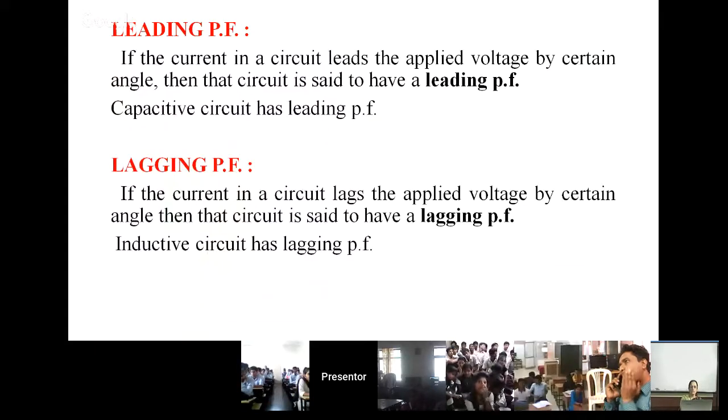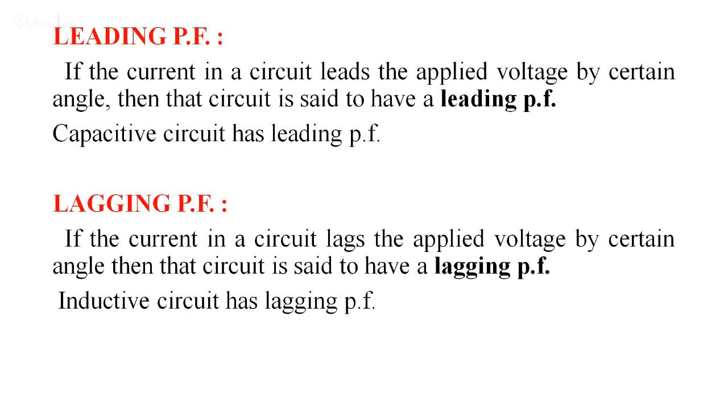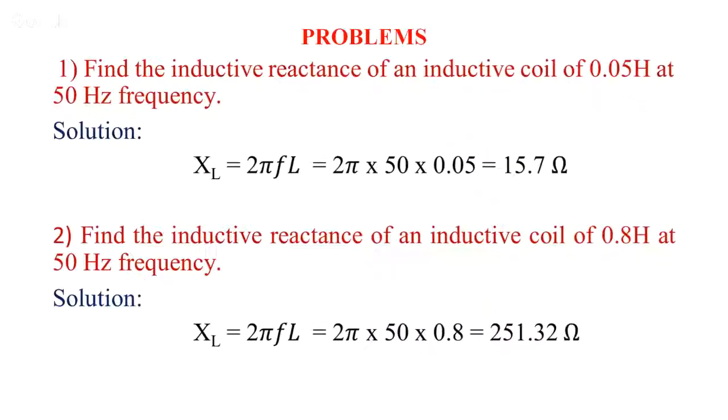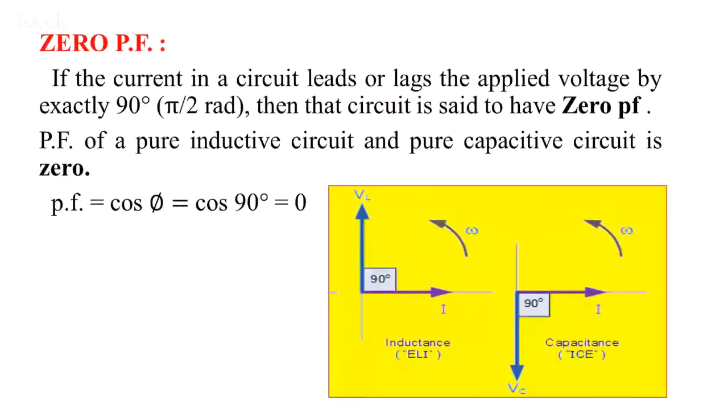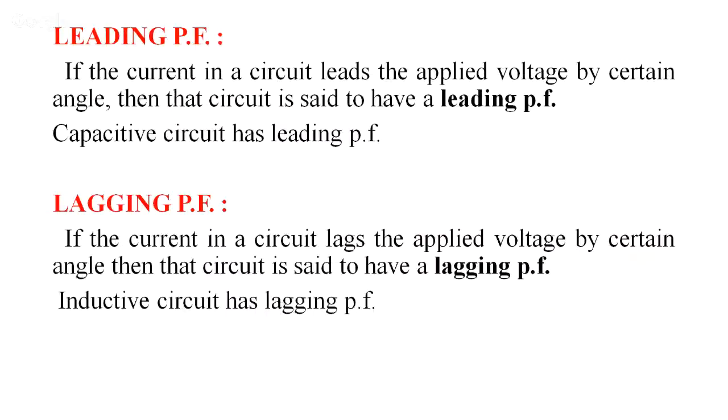Now we have to understand what is leading power factor. If the current in a circuit leads the applied voltage by a certain angle, then the circuit is said to have leading power factor.